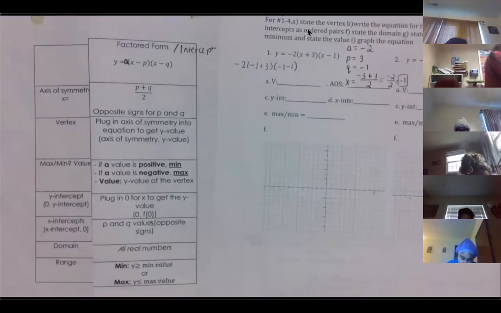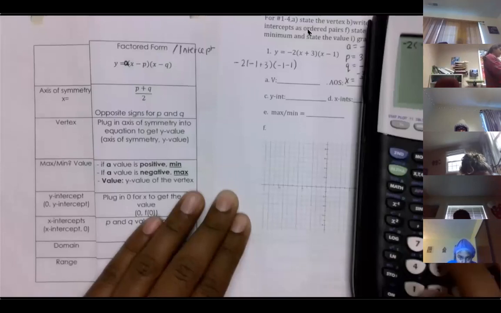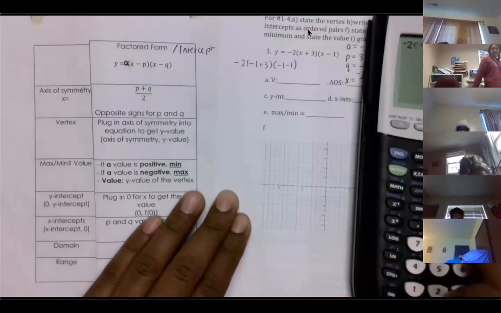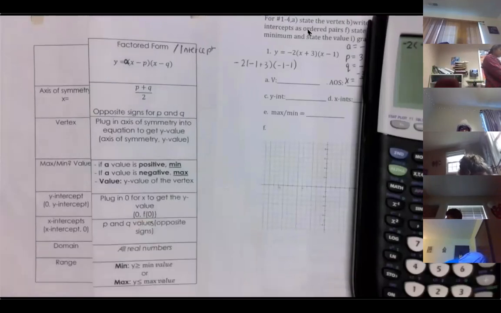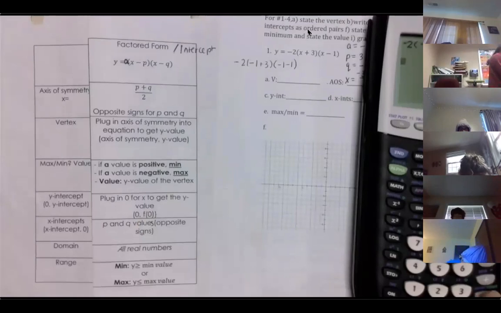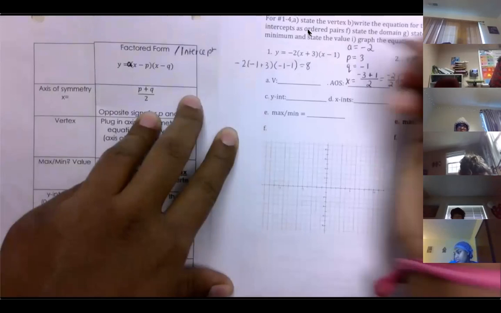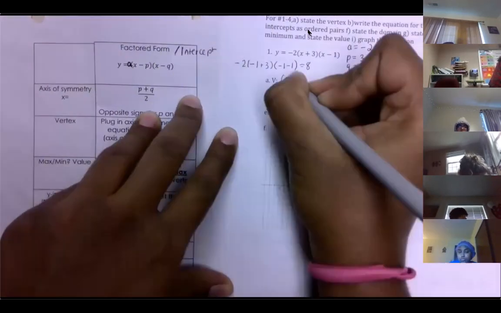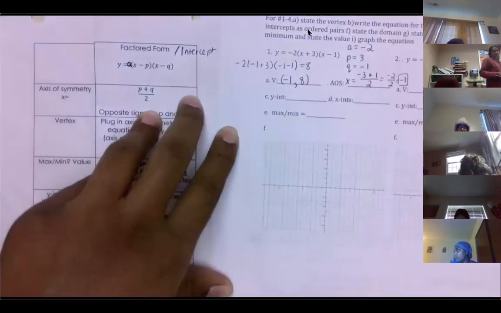Taking out my calculator, -2(-1 + 3)(-1 - 1) gives me 8. So my vertex is the axis of symmetry, -1, comma, whatever I got when I plugged it in, so 8.